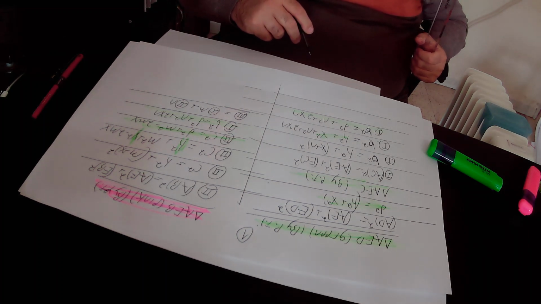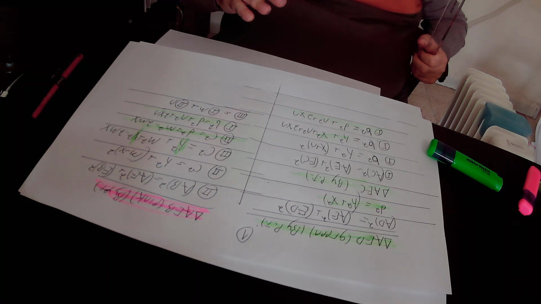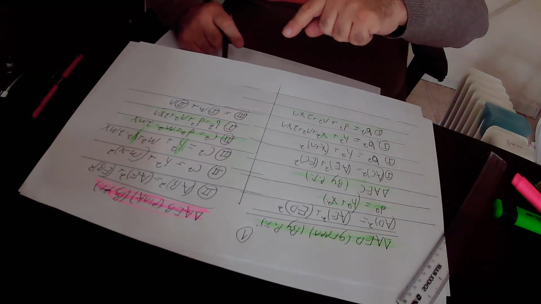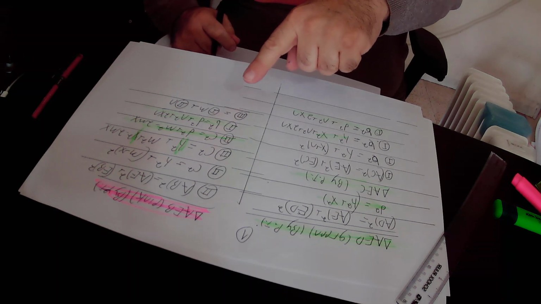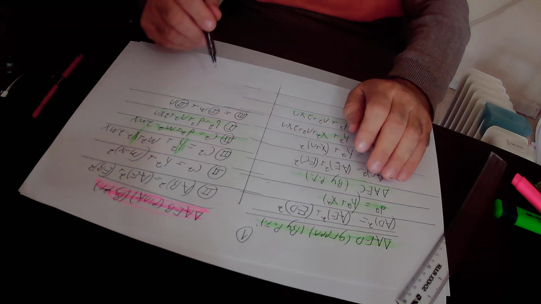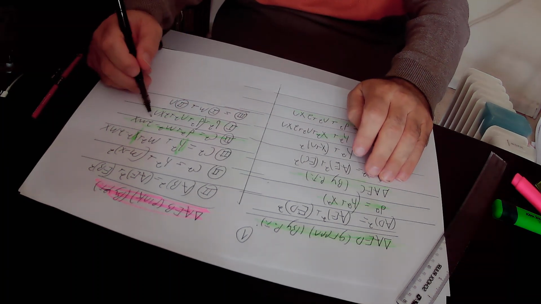Okay, so we'll do it in 2 steps. First of all, we will multiply the right side of equation number 1 by m.